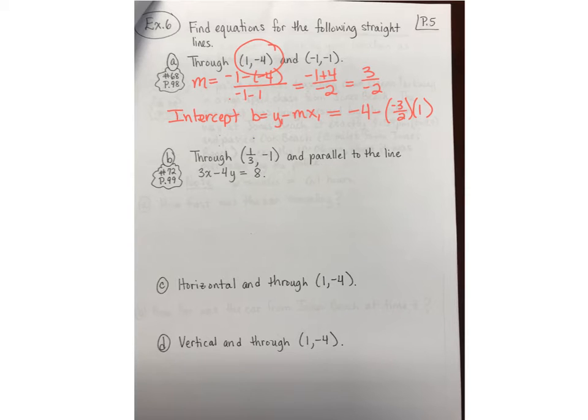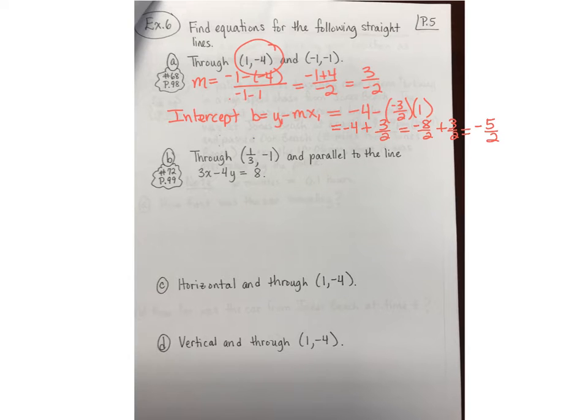So now that becomes -4 plus 3/2. Find the common denominator, which is -8/2 plus 3/2, and that gives us -5/2.